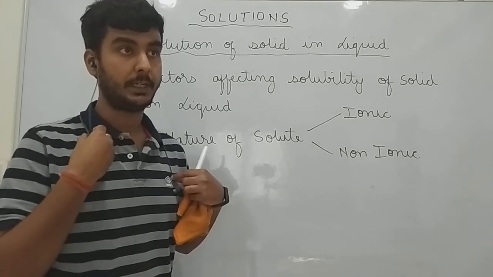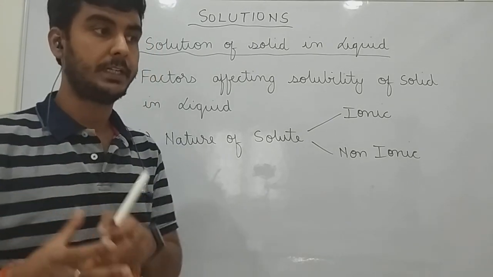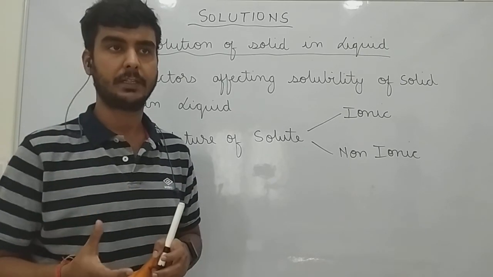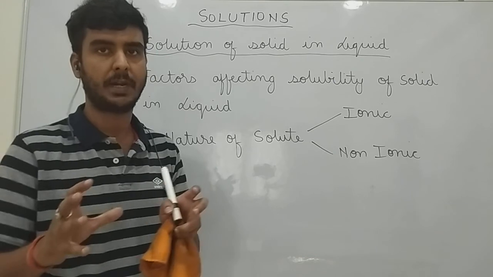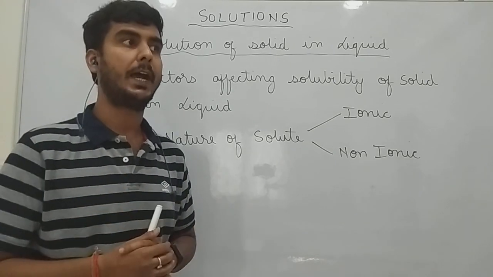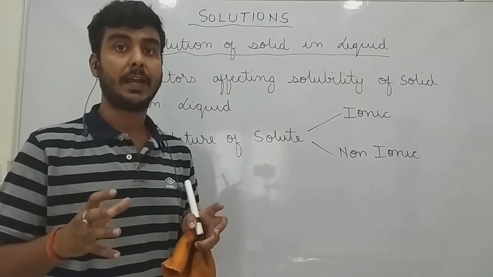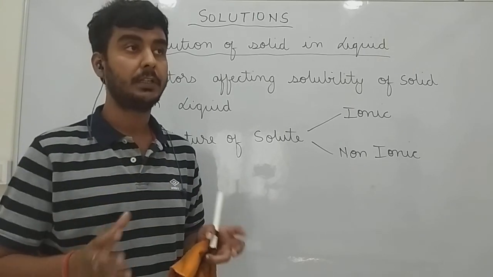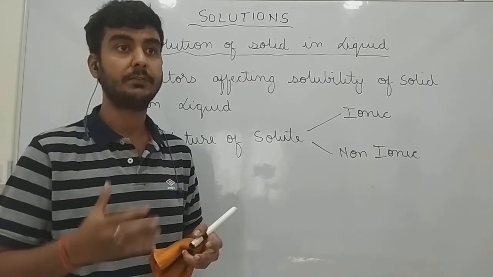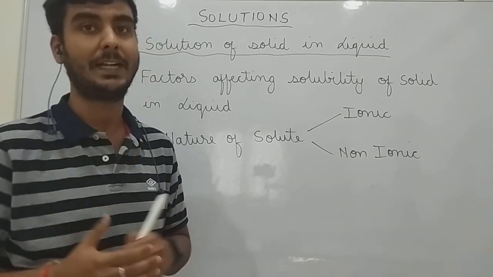An ionic solid is a solid which is composed of charged particles called ions. It is made up of charged components called ions, and these ions are arranged in a three-dimensional arrangement which is known as crystal lattice.